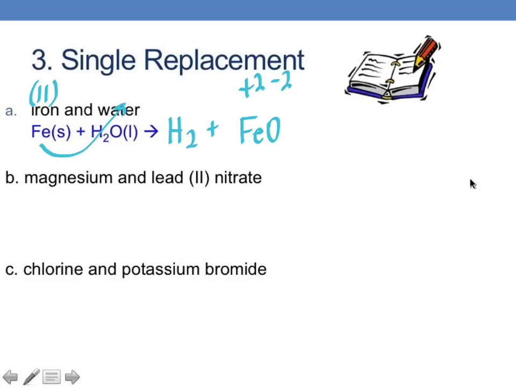Magnesium. Formula for magnesium. Magnesium has a +2 charge. Lead has a +2 charge, and nitrate is a -1. So what's the formula for lead nitrate?